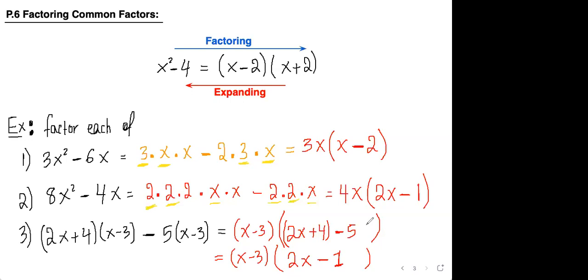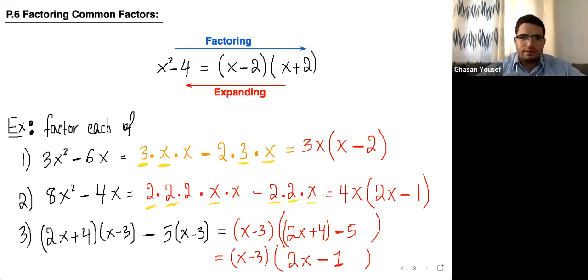Wait, did you factor it now? Yeah, I factored it. Look here at the third example. After you get x minus 3 times 2x minus 1, the answer, do you expand it?